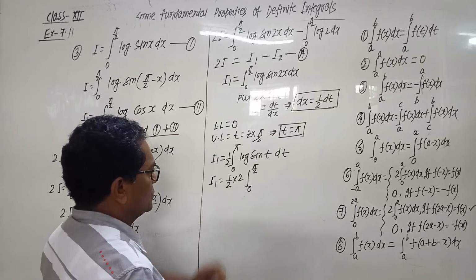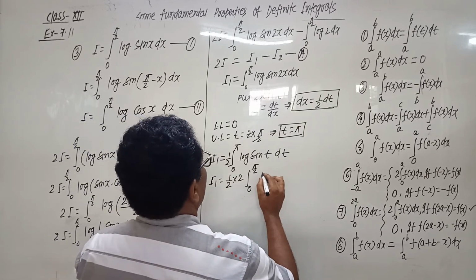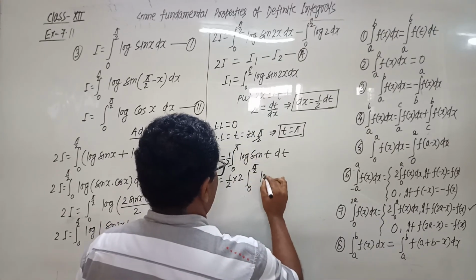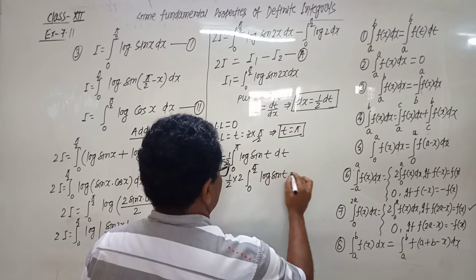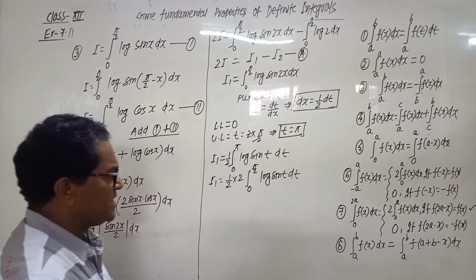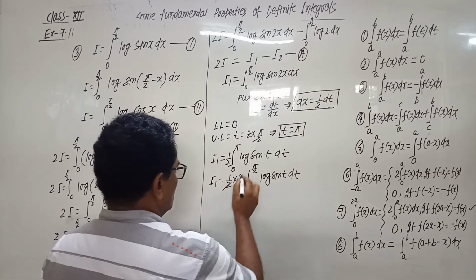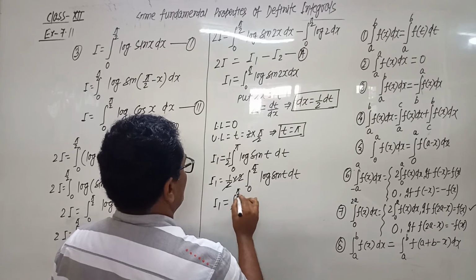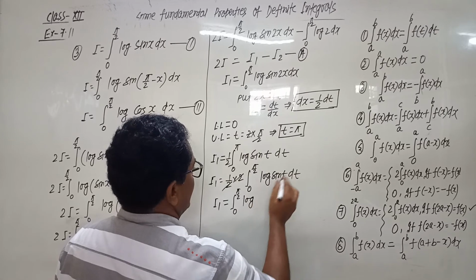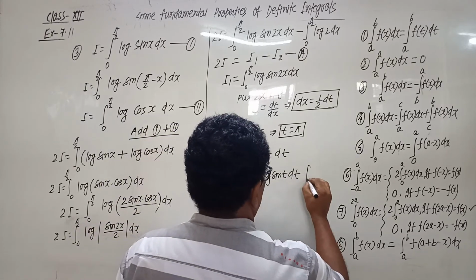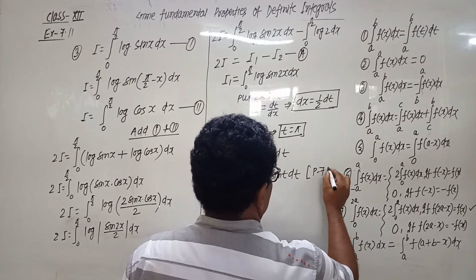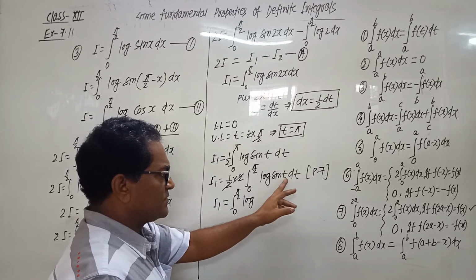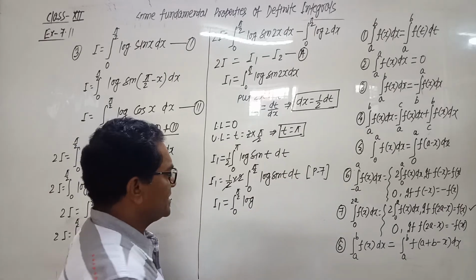So 1 by 2 into 2, from 0 to pi by 2, log sin t dt. Now 2 and 2 get cancelled. So we get I1 equals integration 0 to pi by 2 log sin t dt. Here we have used property number 7. Now again we use the first property, so the variable t is written as x and dt as dx.